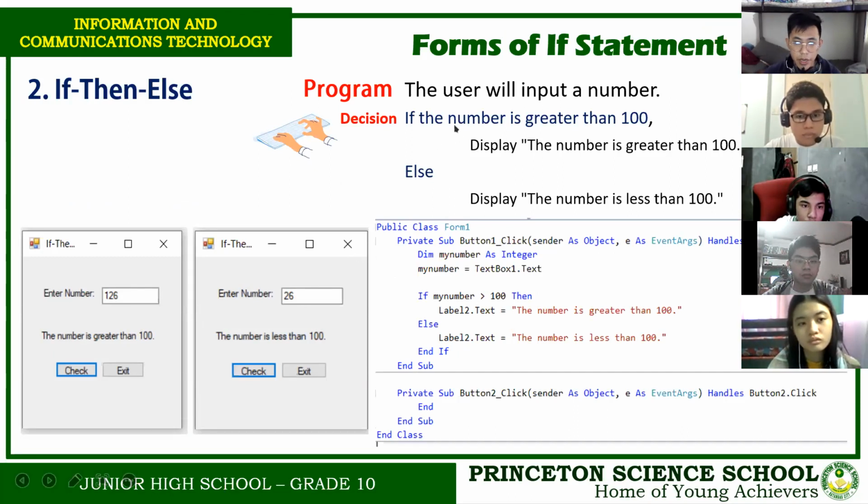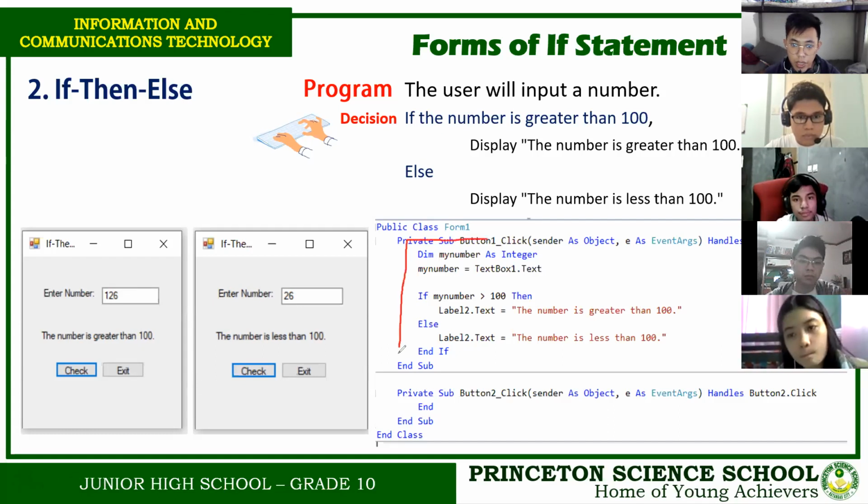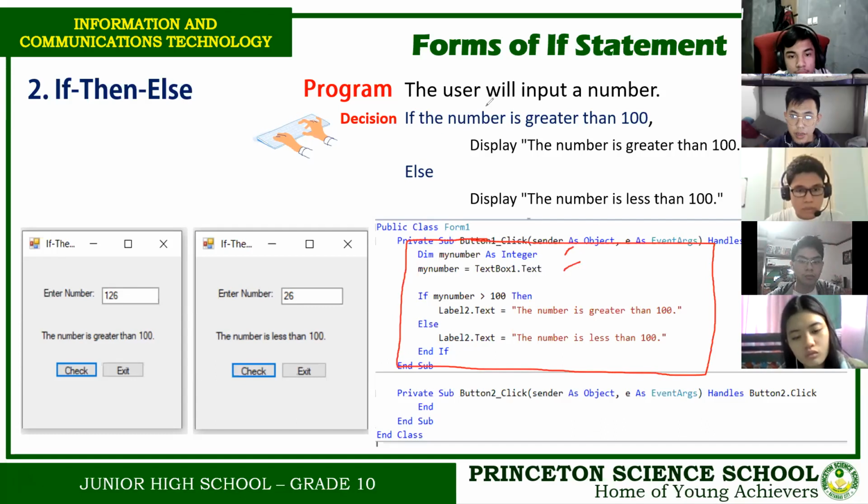The program here is that the user will input a number. It will determine if the number is greater than 100 or less than 100. Can someone explain what is going on in this code here? You can explain step by step what happens here.